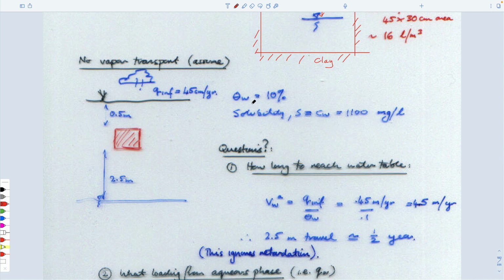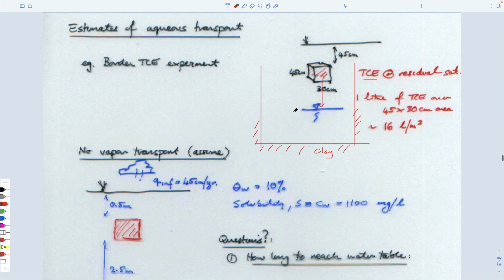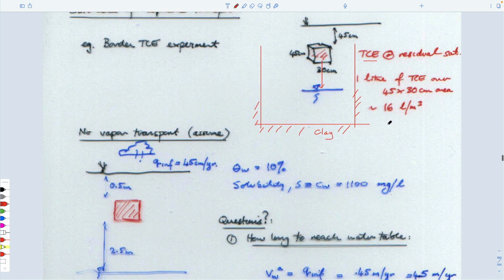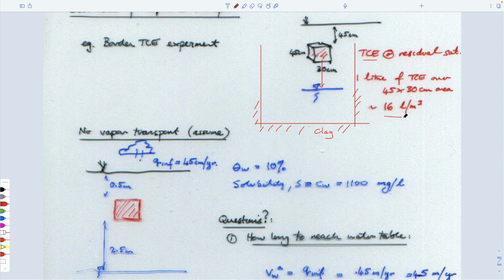So here, water content of 10%. I don't see other terms on here. So it's at relatively low saturation. So it's at 16 liters per cubic meter.